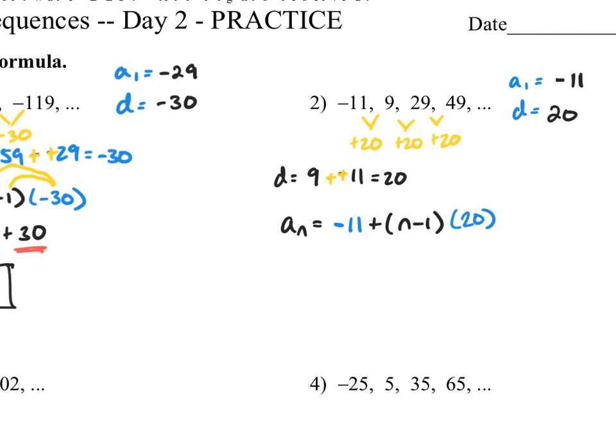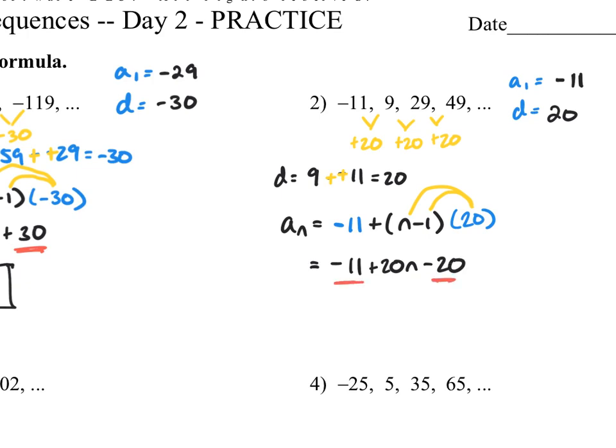Once we plug all that in, we need to take that 20 and distribute it. So what you would get here is negative 11. 20 times n is positive 20n. 20 times negative 1 is negative 20.